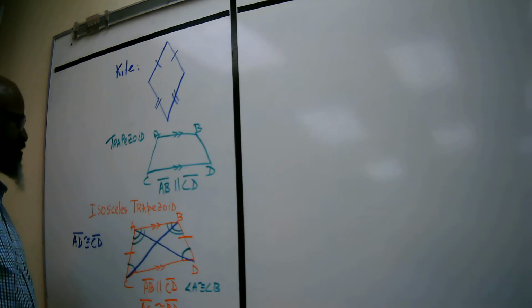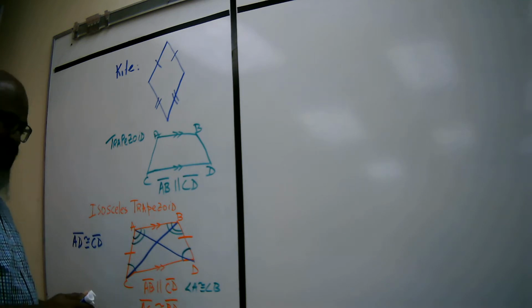That's what makes it a trapezoid. The legs are congruent, a pair of base angles are congruent, and next your diagonals are congruent. Those are properties of the trapezoid.